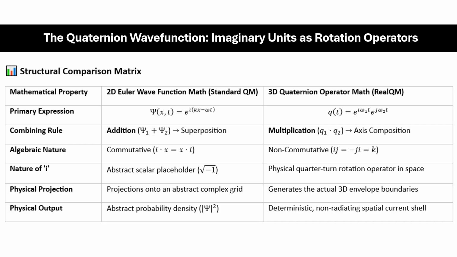The output physical interpretation is, well, there is none. It's really that abstract probability density, or the amplitude. Well, density you get from squaring the amplitude. In our model, it's really modeling motion. And so physical projections really give you envelope boundaries.